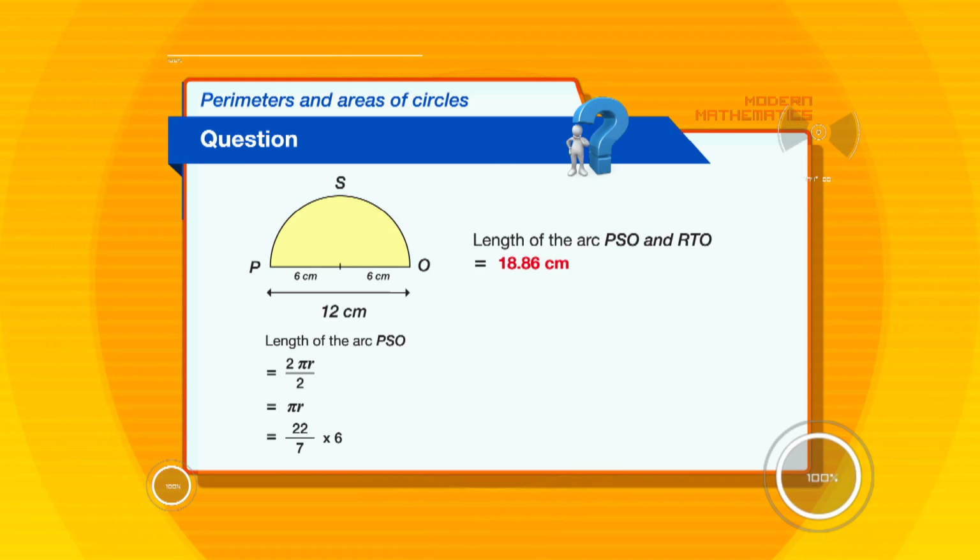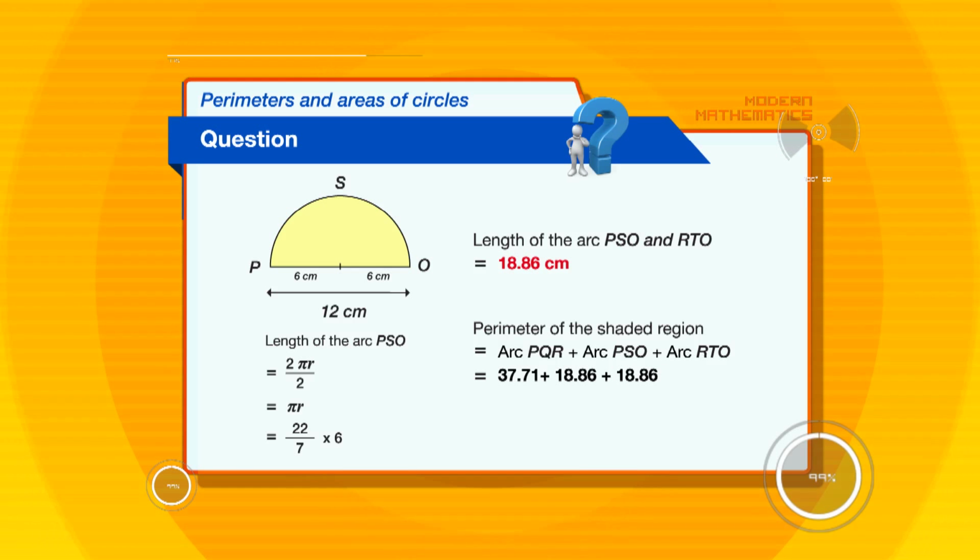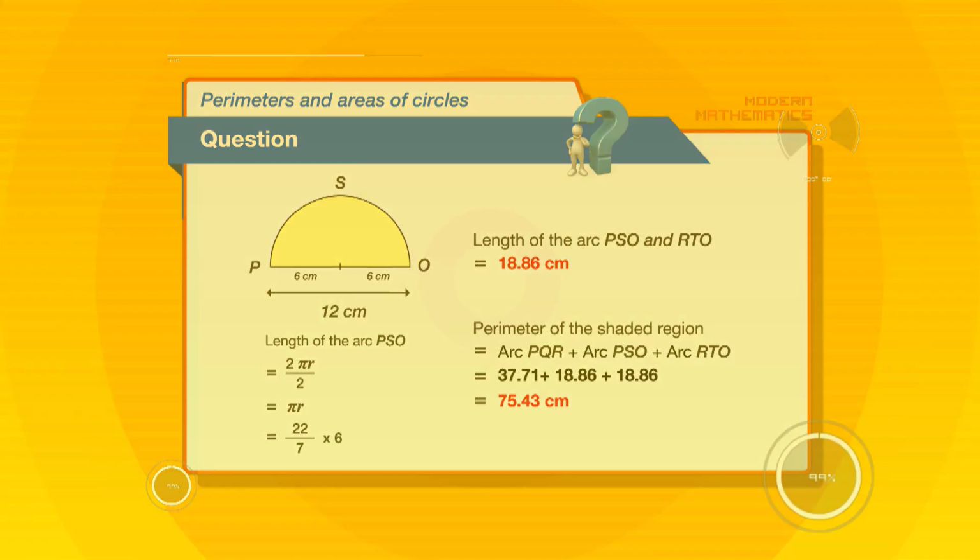Since the length of arc RTO is equivalent to the length of arc PSO, the length of arc RTO is 18.86 centimeters as well. Finally, the perimeter of the shaded region will equal arc PQR plus arc PSO plus arc RTO, which is 37.71 plus 18.86 plus 18.86, giving us 75.43 centimeters.